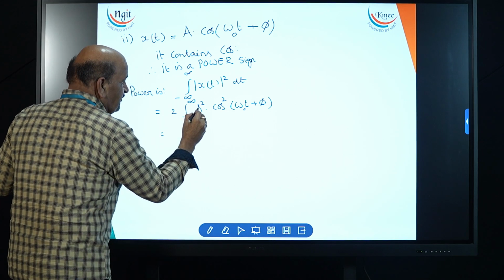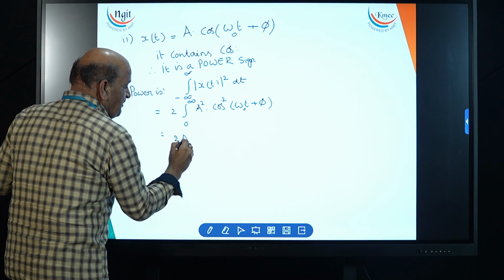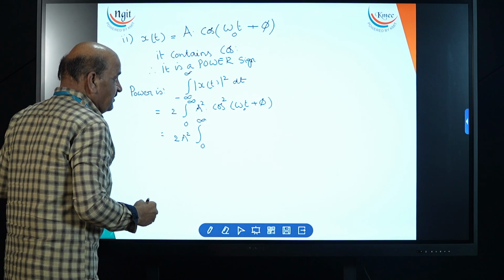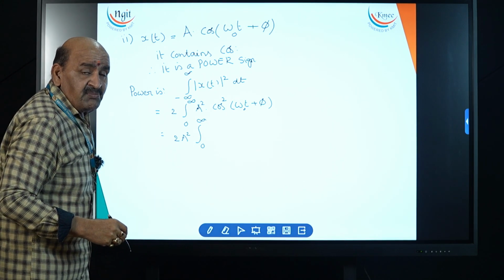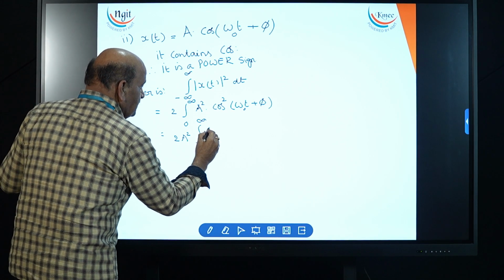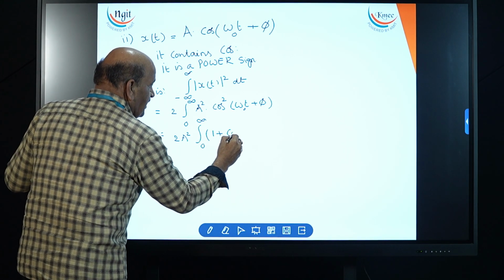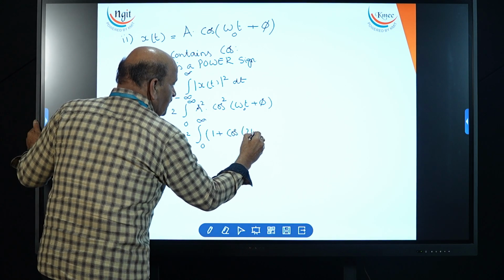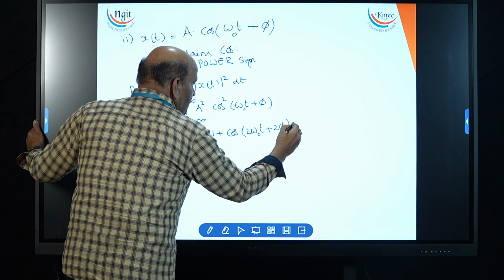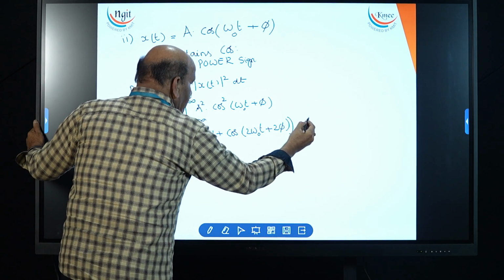A square is constant, therefore I am keeping it outside the integral: 2A square, integral 0 to infinity. Cos square theta equals 1 plus cos 2 theta over 2 in trigonometry. Therefore, we can write 1 plus cos of 2 omega naught t plus 2 phi with respect to dt.